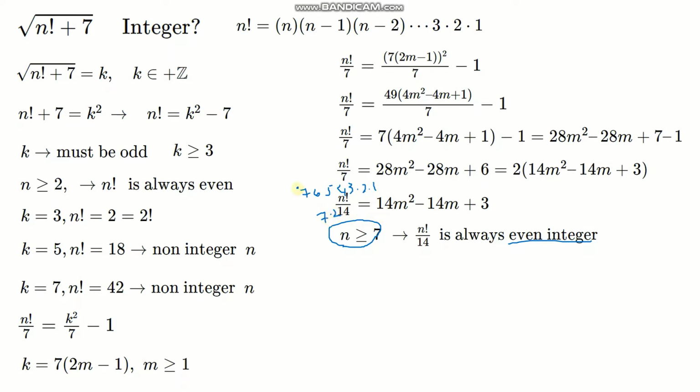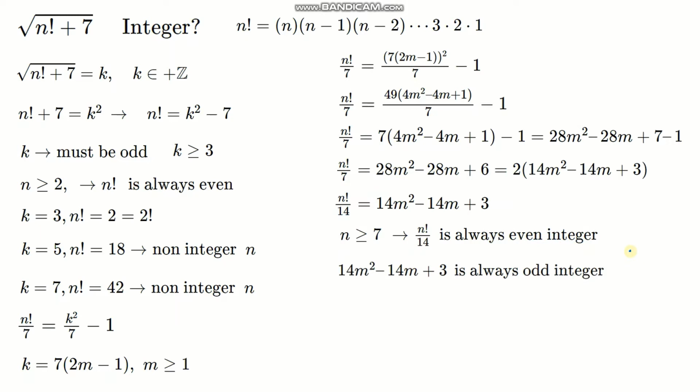So the 7 cancels and the 2 cancels, and we still have the remaining 4 and 6, which is even. So for n greater than or equal to 7, the left hand side is always even.